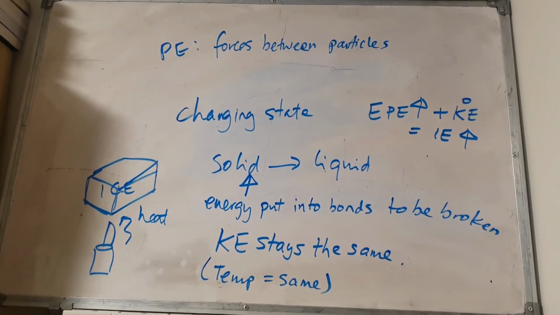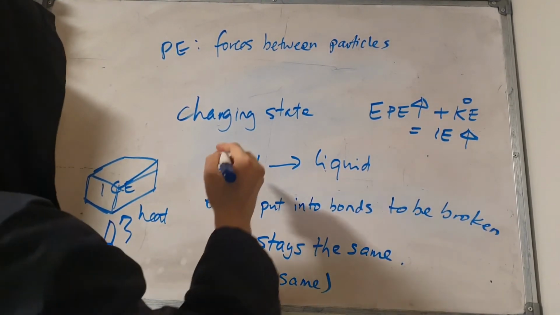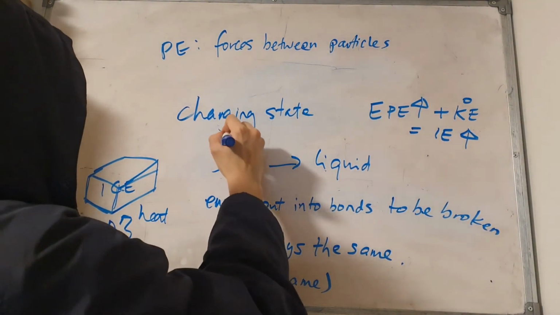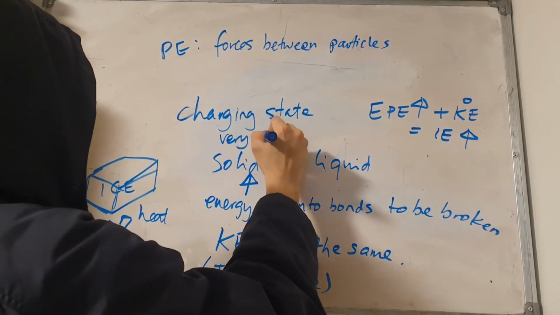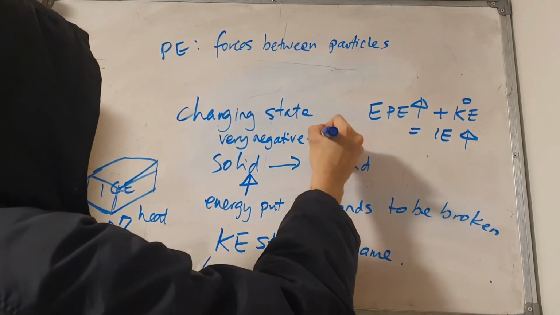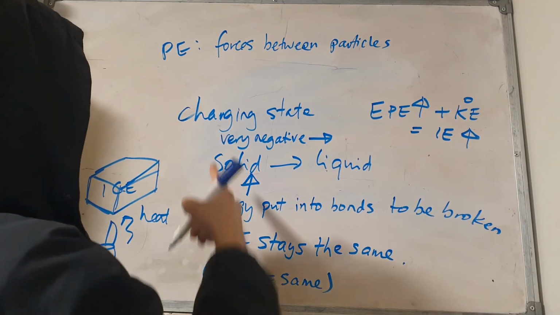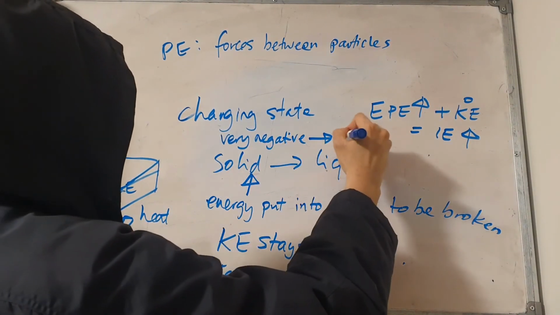But because you're putting energy into the bonds to be broken, the electrical potential energy has increased. This was very negative, and now it has become more positive, so just negative.